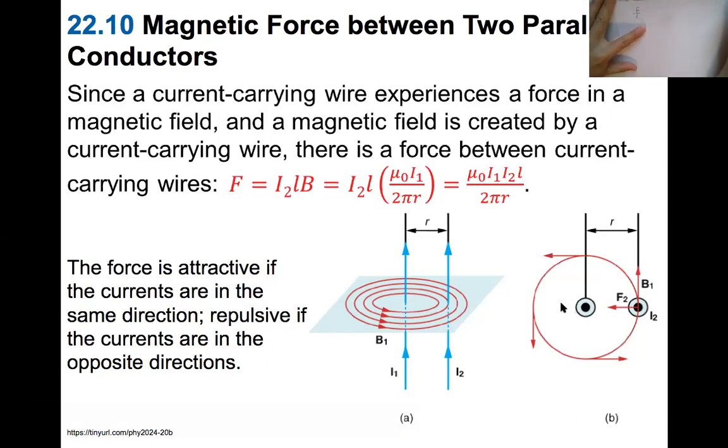So looking at the expression from the PowerPoint, F by L will be, you divide the leftmost side, F, by L, and the rightmost side by L. So then you get mu naught I1 I2 over 2 pi R. More often you are looking at force per unit length.